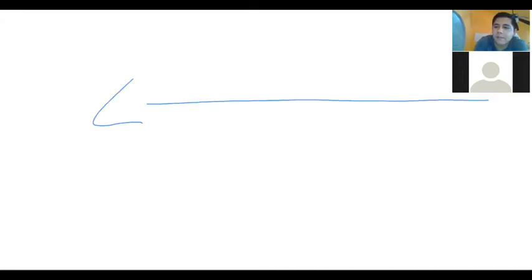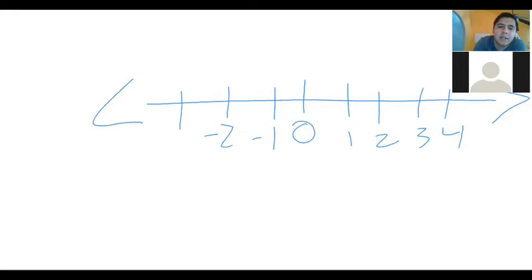Yeah, so we're going to do a review in algebra, but before that, let's talk about negative and positive integers. Let's first think about a number line, where we have 2, 3, 4, etc., and we have our negatives on this side.